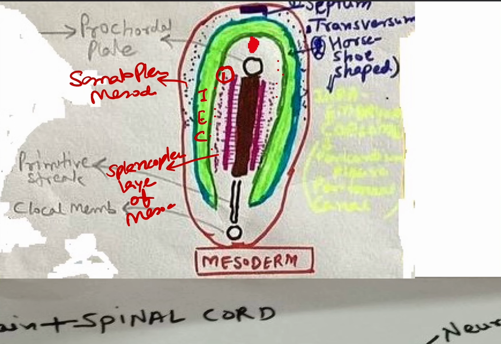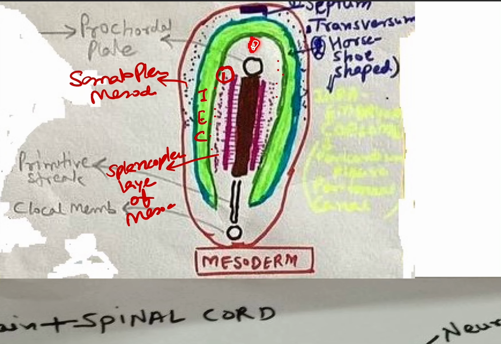The cranial-most part of this intraembryonic coelom, which is near the prochordal plate, is a specific part. The part of mesoderm which is cranial to the prochordal plate, under the influence of VEGF which is secreted through endoderm, will form heart tubes.